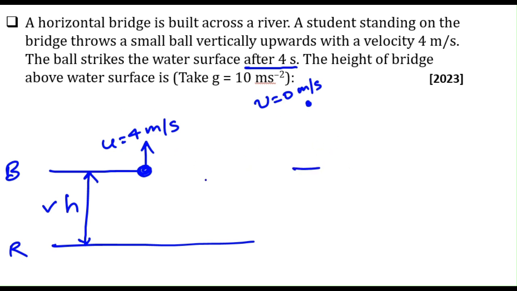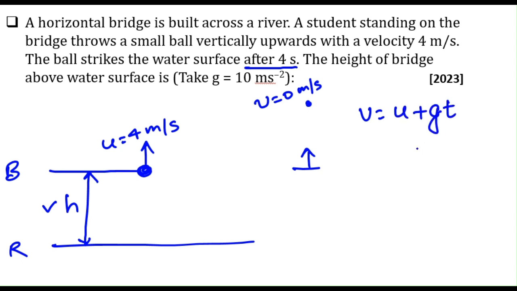Let's say in the first part, where the ball is moving upward, after reaching maximum height, the velocity of the ball will be 0 meter per second. So we can calculate the time taken to reach the maximum height using V equals U plus AT.